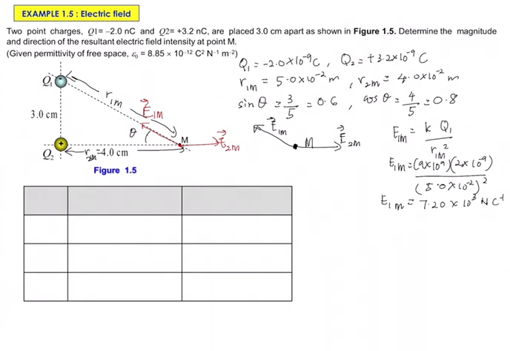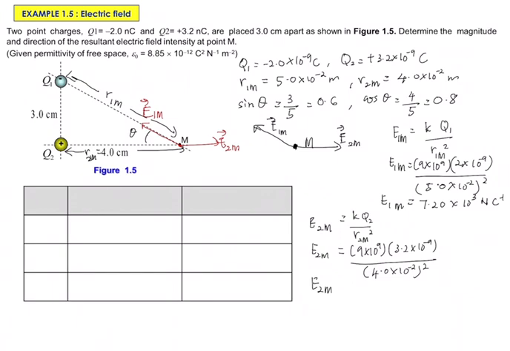Next is E2M. E2M is K Q2 over R2M squared. Your E2M is 9 times 10 power of 9, your K, times Q2, which is 3.2 times 10 to the power of negative 9, over R2M, 4 times 10 power of negative 2, squared.